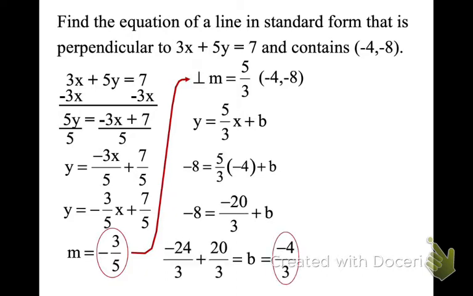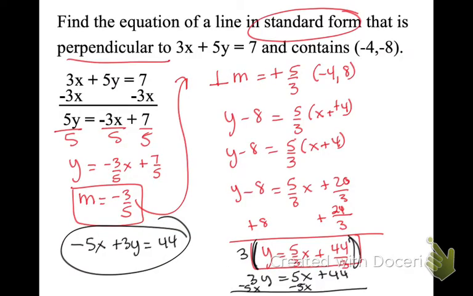What happened? What did I do? Let me go back. Okay. -4 times 5/3 is 20. Oh, I didn't see that it was a -8. That's what I did. So I messed this up. So here, this really should have been plus, and then I should have been subtracting.